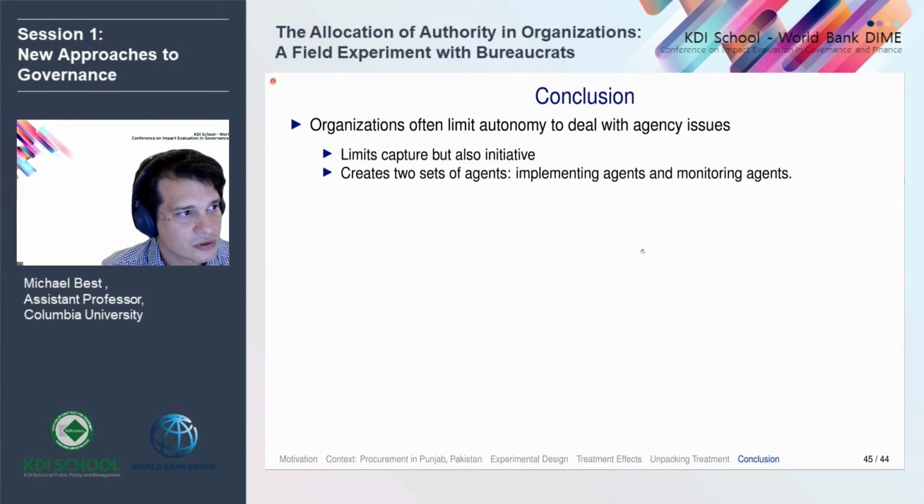And so we thought, limiting people's autonomy is going to limit the ability to be corrupt, to capture the organization, but it also stifles initiative. Plus, there's this extra effect from the fact that if you create a new set of rules, then you necessarily have to create a new set of agents whose job is going to be to monitor compliance with those rules and incentivize the agents who are implementing the public services.